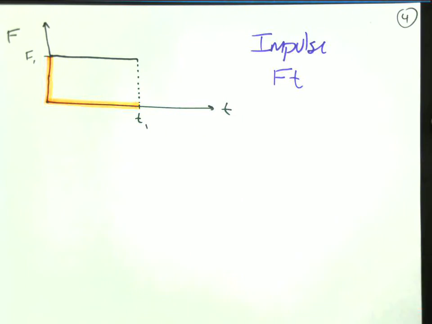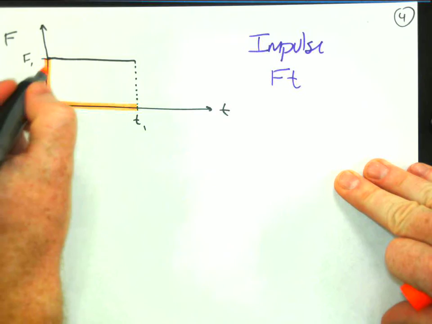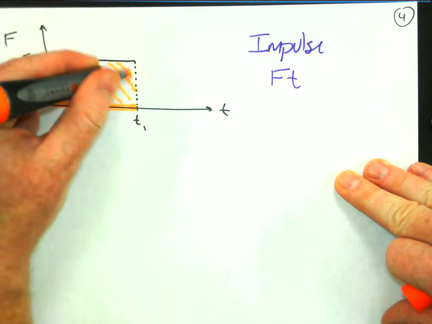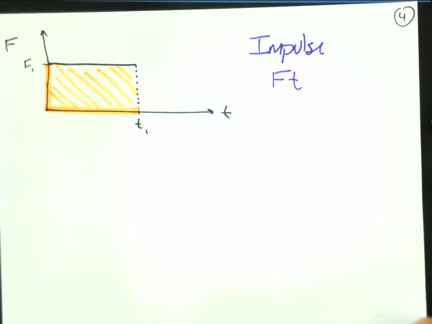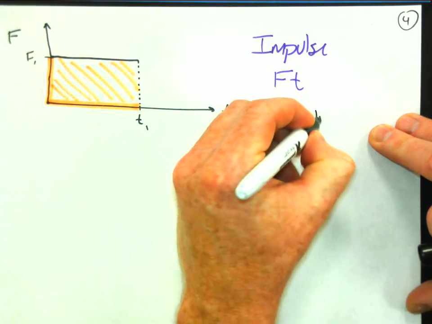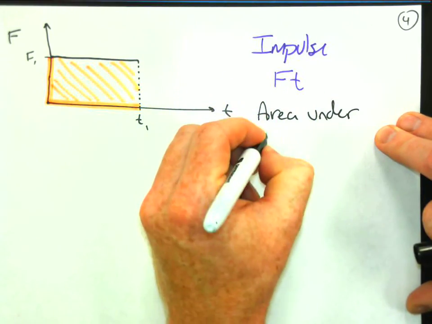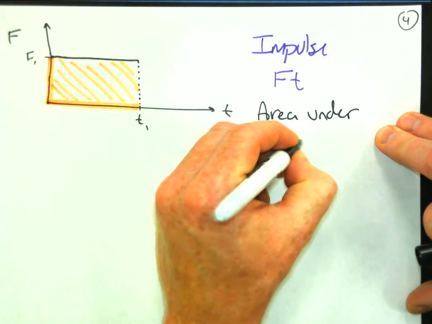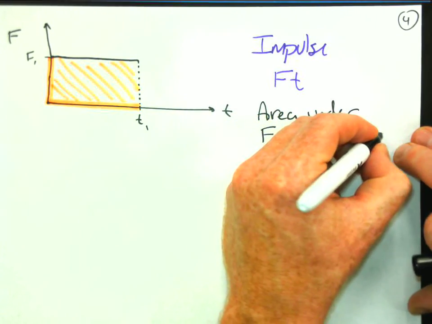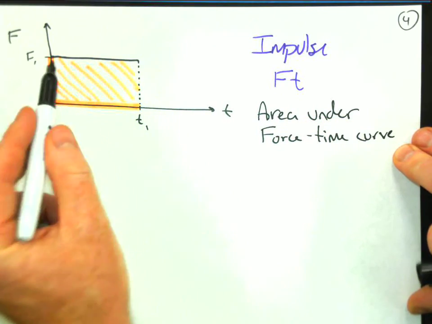We're finding the area underneath the line here. So this area. Aha. So impulse is also equal to the area under the force time curve. Now I'm going to use the word curve even though that looks straight.